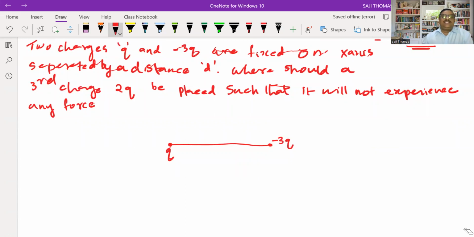So you have to place a third charge 2Q such that it will not experience any force. Okay.